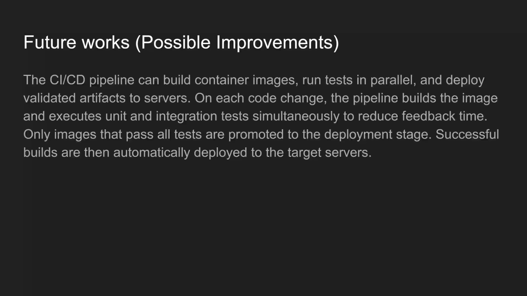It can automatically build images, and we can run some tests on those images, and then check if those tests pass. The next stage of our pipeline is deployment, and we can deploy our images onto real servers.